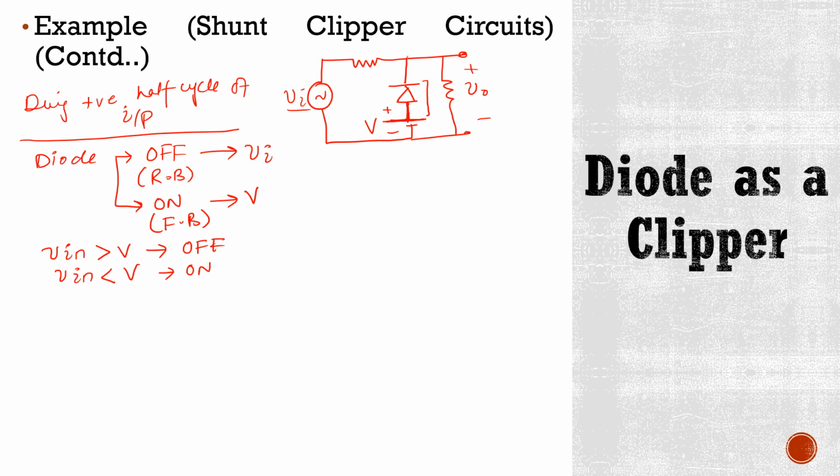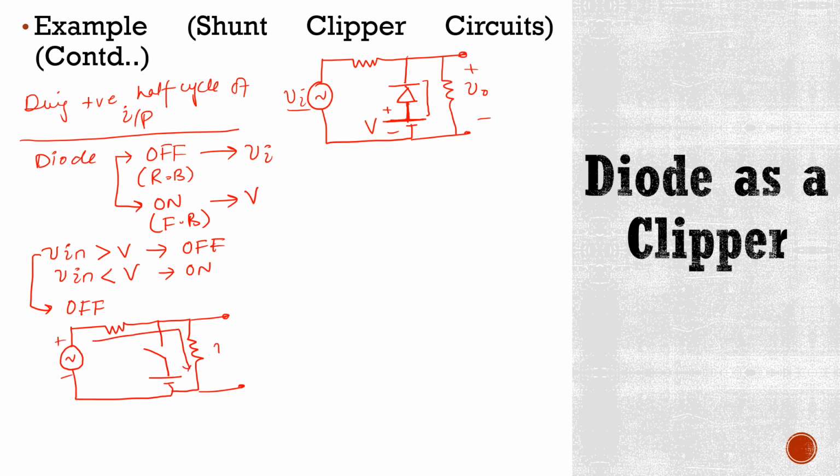Now when the diode is off, the circuit will look like this. It means now this current is flowing directly towards the output voltage.